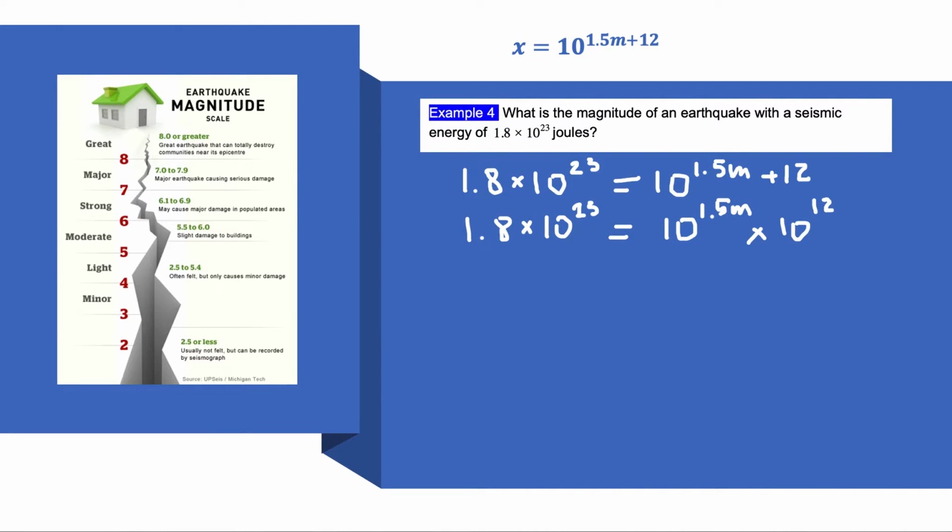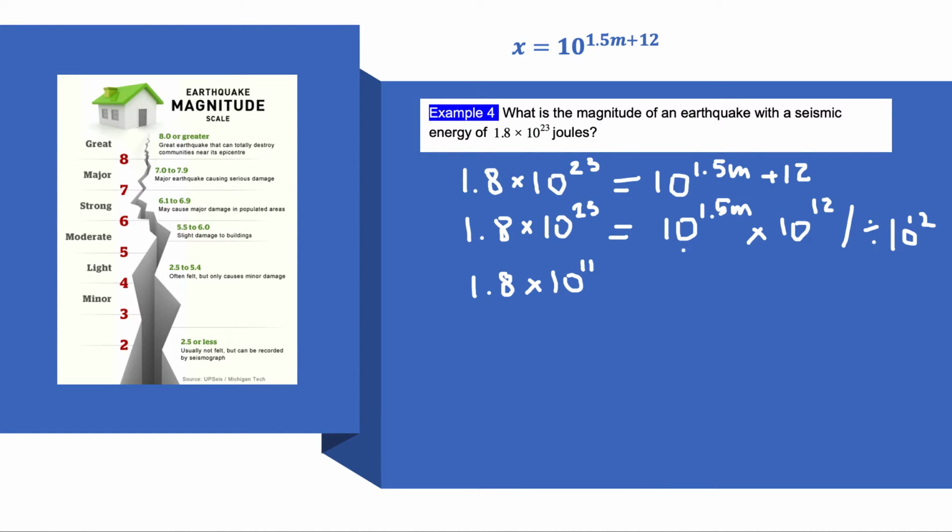What I'm going to do in this equation is divide everything by 10 to the exponent 12. First, 1.8, and when I divide 10^23 by 10^12, it is going to be times 10 to the exponent 11.